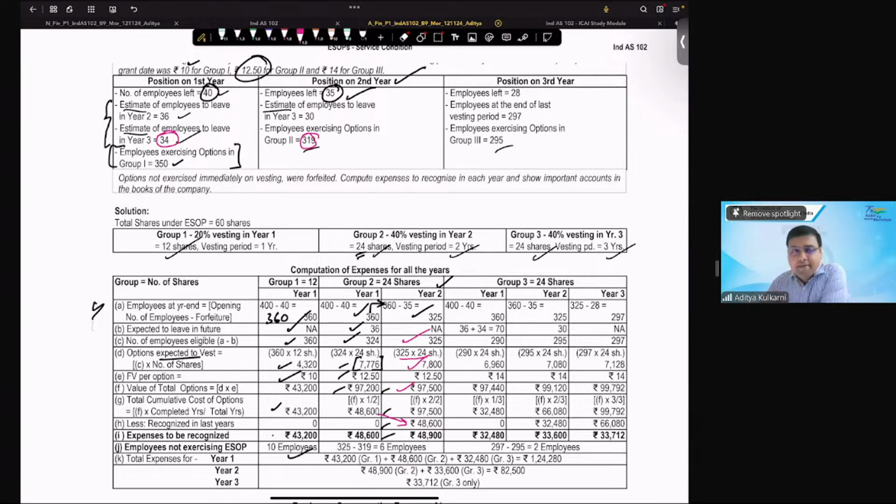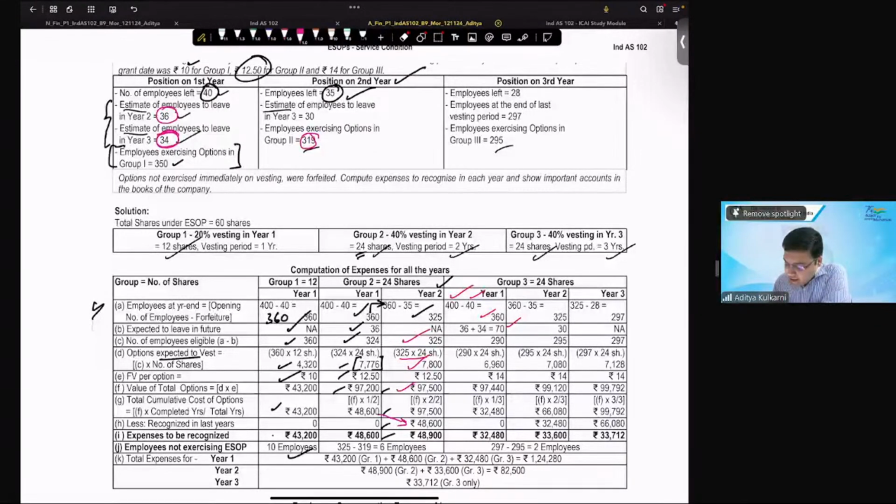And finally, coming to the third group, here all the data points are relevant. So I started off with 400, 40 people left in year 1, so 360. Number of employees expected to leave in the future, 36 plus 34, so that is 70.